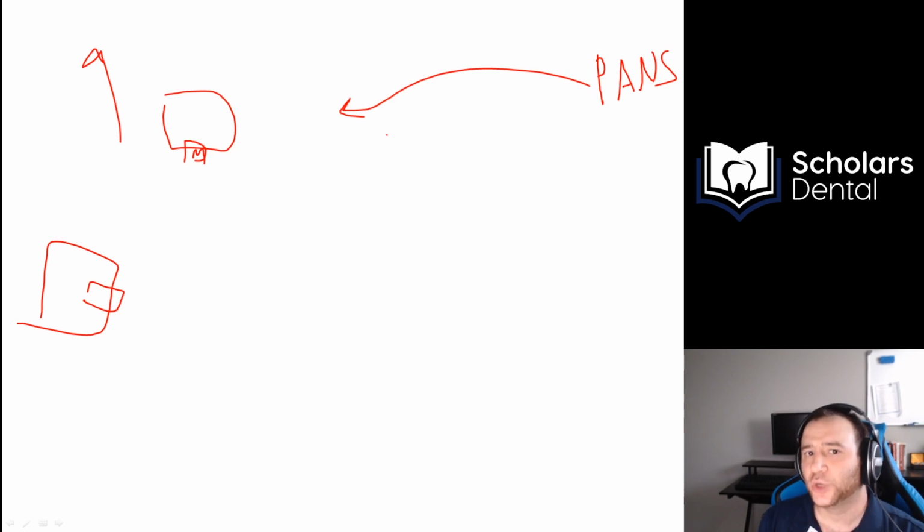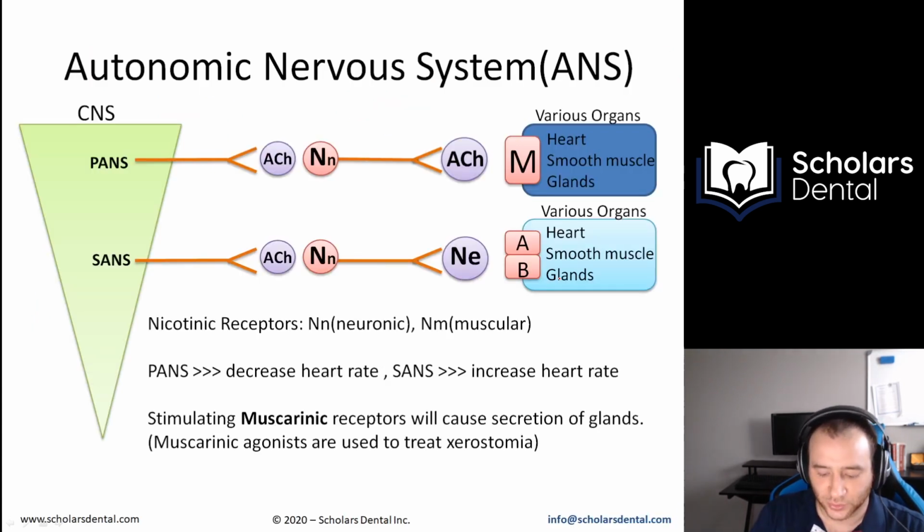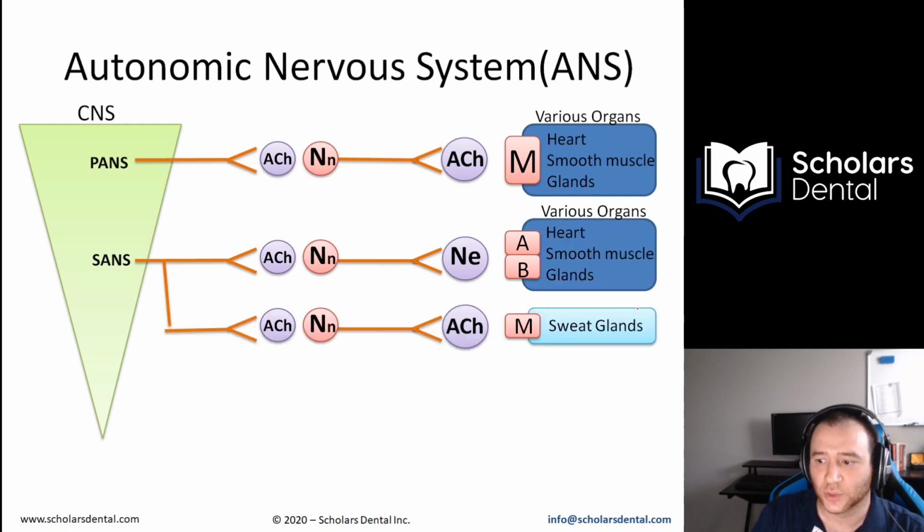Which gland do we want working when I'm running, when I'm doing exercise, right? Which gland do I want to work under the sympathetic? The sweat gland, okay? So the sweat gland is the one that breaks the rules here a bit.